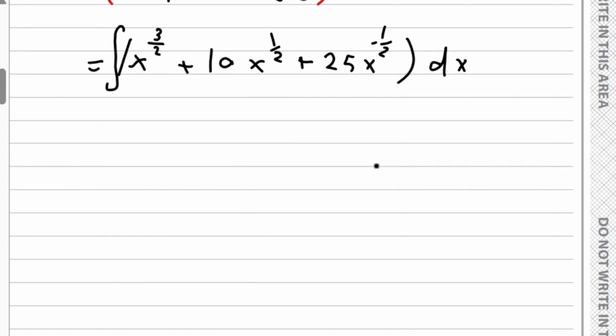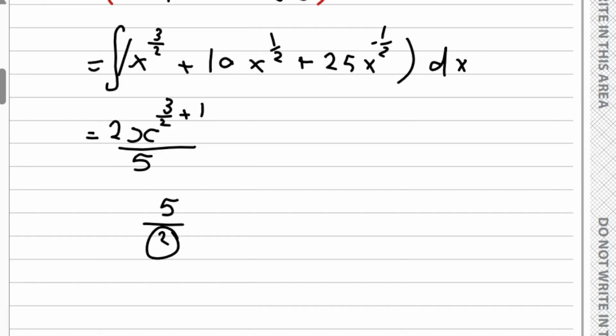So now the integration: you first add 1 to the power, so it's going to be x to the power of 3 over 2 plus 1, and then you divide by the new power. 3 over 2 plus 1 is 3 over 2 plus 2 over 2, so it's divided by 5 over 2. That's the new power. And if you have such a fraction, don't leave it like this, it looks ugly. Write the 2 here and the 5 here. So instead of dividing by 5 over 2, make the denominator a numerator, and that's it.